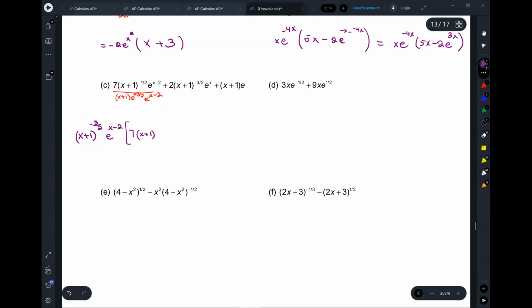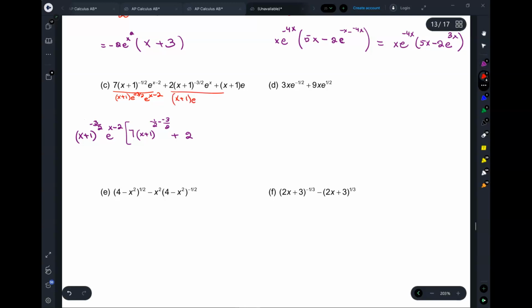X plus 1, what's the exponent? 1. So it's negative 1/2 minus 3 over 2. Okay? Go through that process. Top exponent minus bottom exponent. And then the e's go away. So plus 2, now again I'm dividing by the same thing, right?